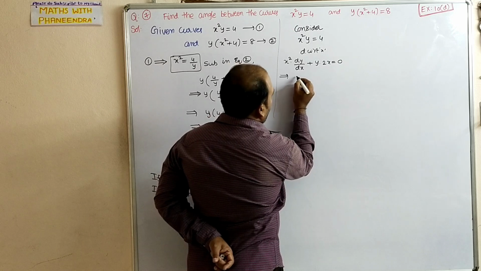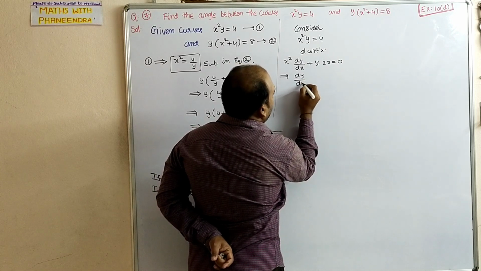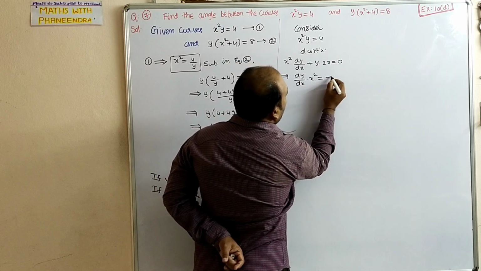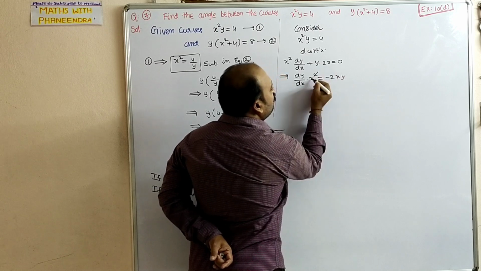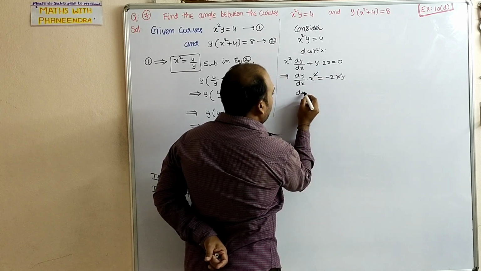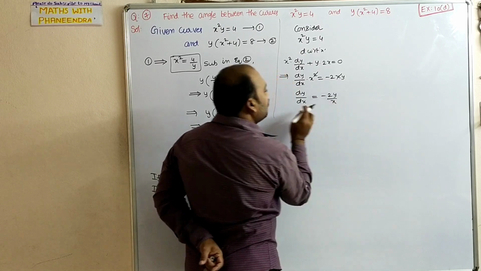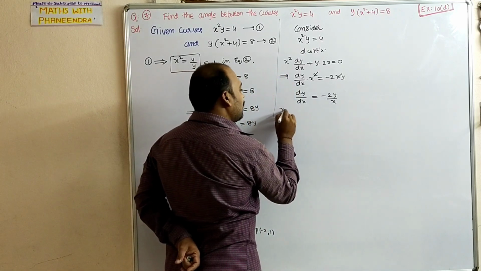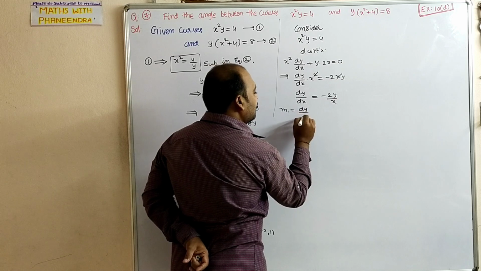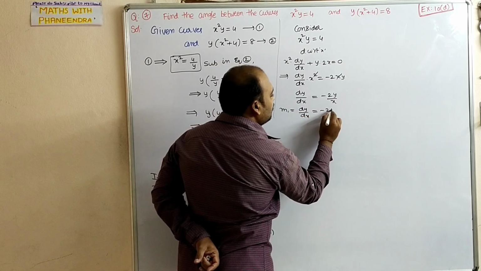So now dy by dx into x square is equal to minus 2xy. So one of the x cancels. Dy by dx is equal to minus 2y by x. This is the first curve slope. I am assuming that m1 equal to dy by dx, which is equal to minus 2y by x.